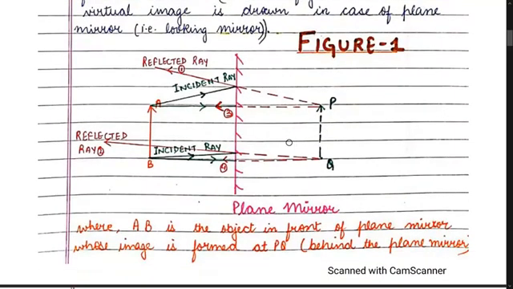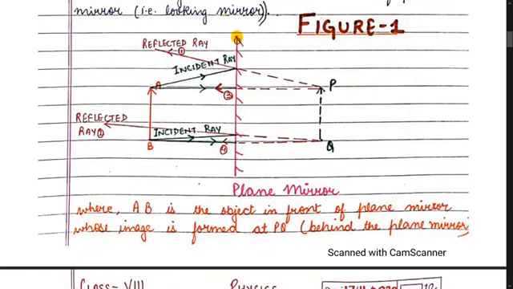Now students, in figure number 1, we are having a plane mirror, and in front of plane mirror, we have taken an object AB.